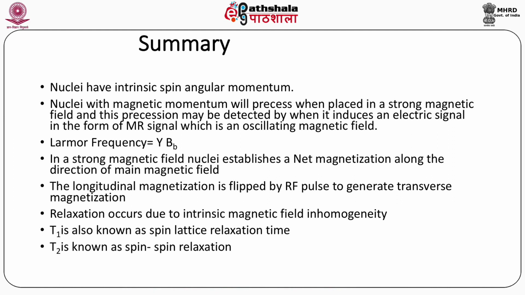The patient is placed in a strong magnetic field. Nuclei establish a net magnetization along the direction of the main magnetic field, which is called longitudinal magnetization. This longitudinal magnetization is flipped by using a radio frequency pulse to generate the transverse magnetization, and then after switching off the pulse, relaxation occurs. Here, due to loss of phase coherence, we get T1 relaxation time and T2 relaxation time.